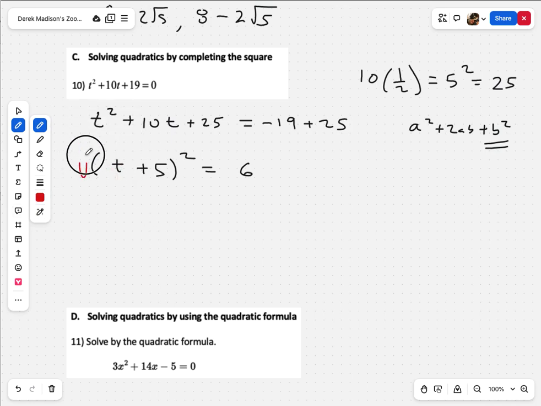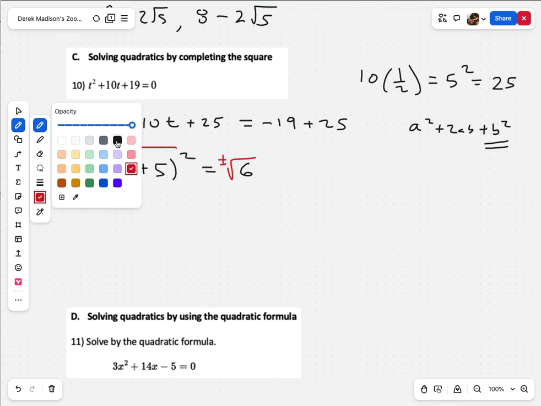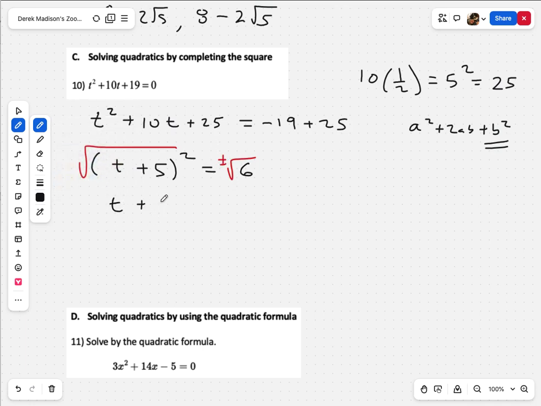Then we just do the square root on both sides. And t plus 5 is equal to plus or minus root 6, and then subtract the 5 over. So t equals negative 5 plus or minus root 6.